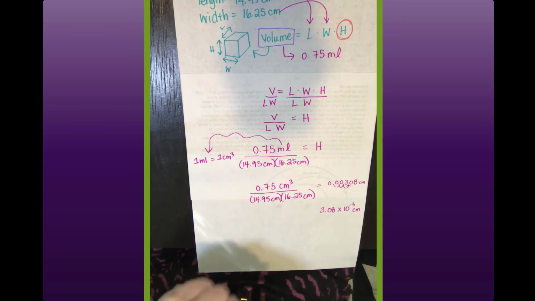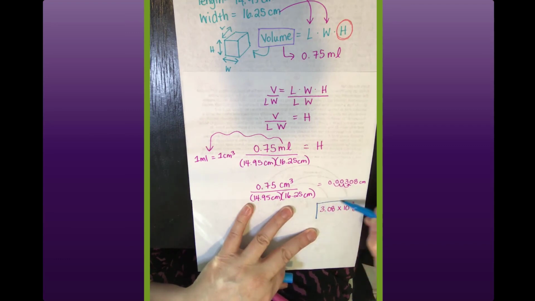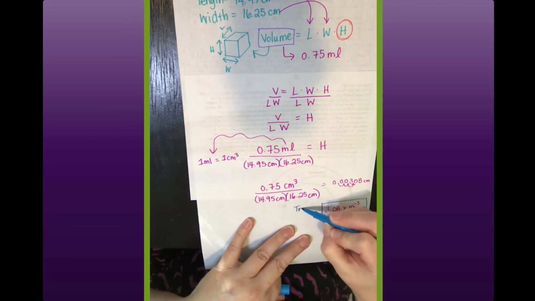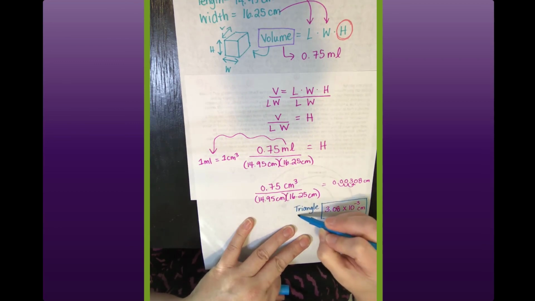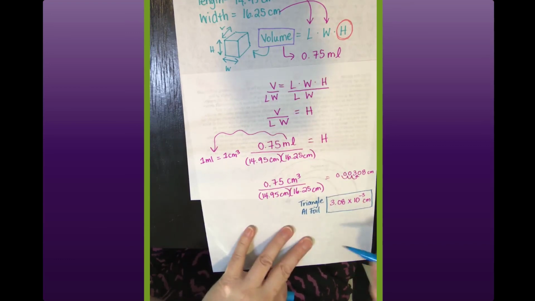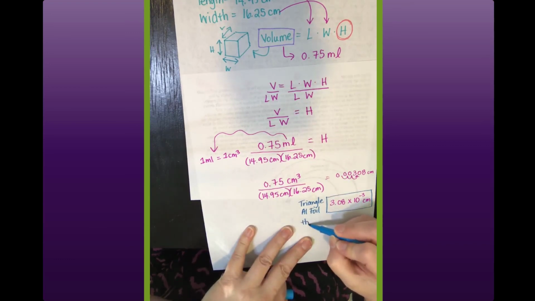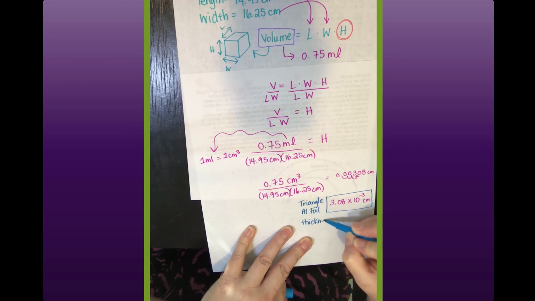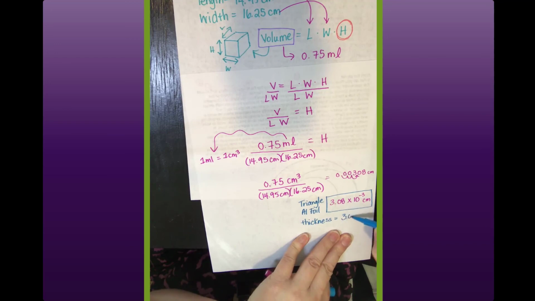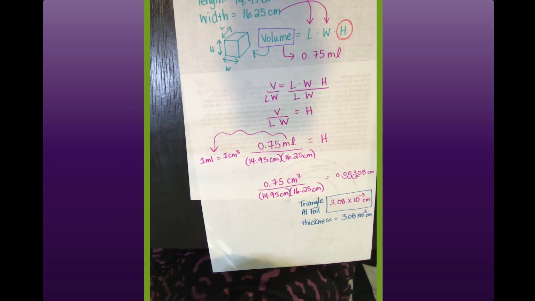So that means for my triangle aluminum foil, the thickness is equal to 3.08 times 10 to the negative 3 centimeters.